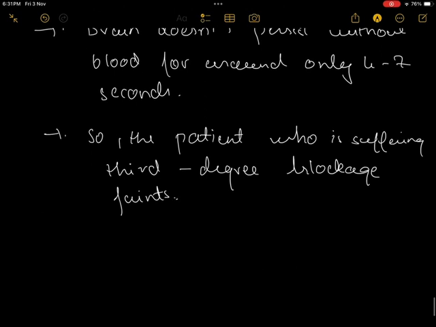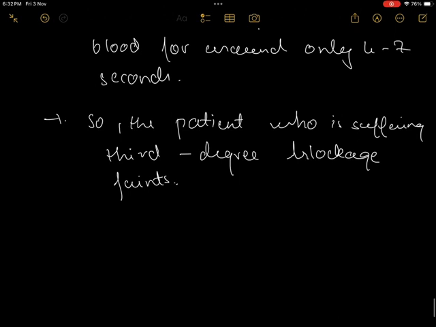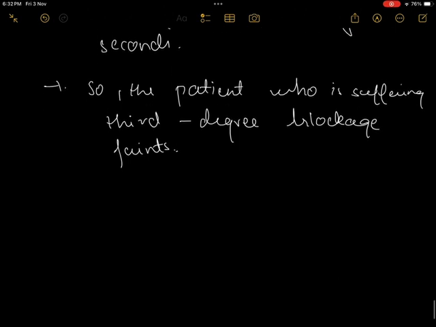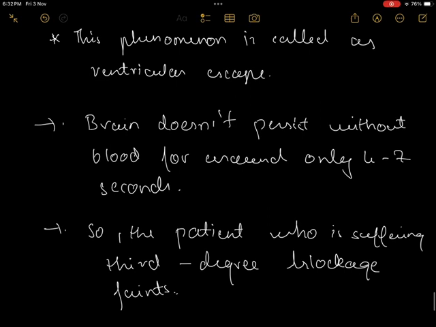And after some time there is a beautiful phenomenon: soon after the patient faints, the phenomenon I previously explained, ventricular escape, occurs.